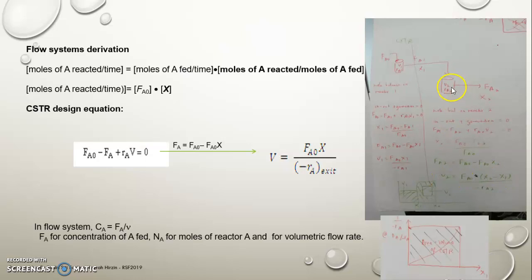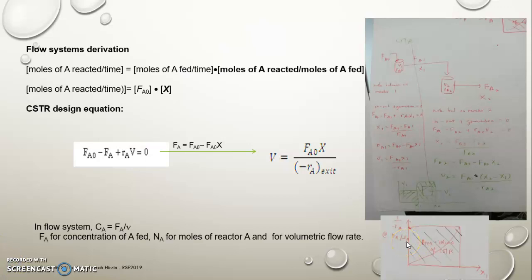Let's say the CSTR has another CSTR, the third one. So you need to find volume 3. If the question has a third reactor, V3 is FA naught times X3 minus X2.